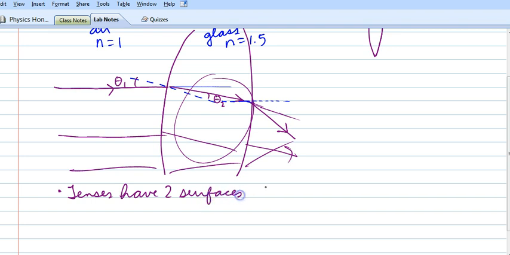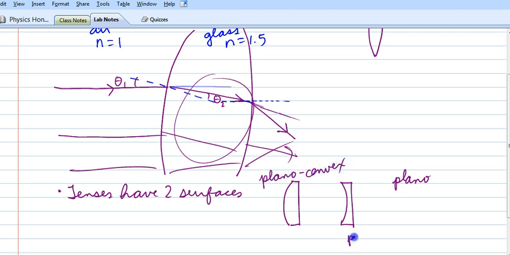You can have one surface outward and another flat. You can have one surface inward and the other one flat. Whenever it's flat, it's called plano. So for example, this one would be plano convex, and this one would be plano concave.